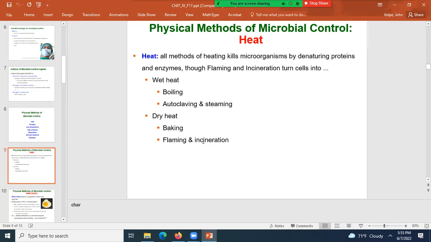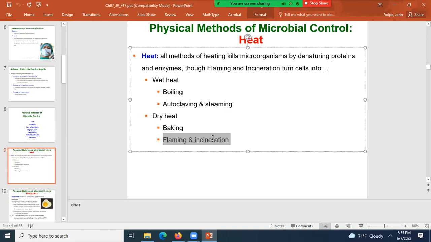Obviously, flaming and incineration are a very high temperature heat, and they are very effective at killing cells in a short period of time, but this is very high heat. So for the same temperature, we'll talk about this a little bit more, the same temperature, wet heat is more effective than dry heat.